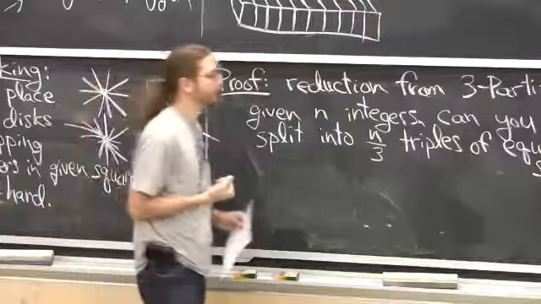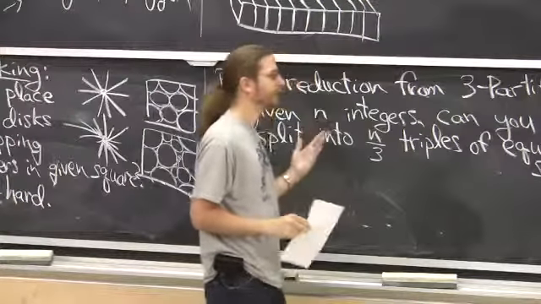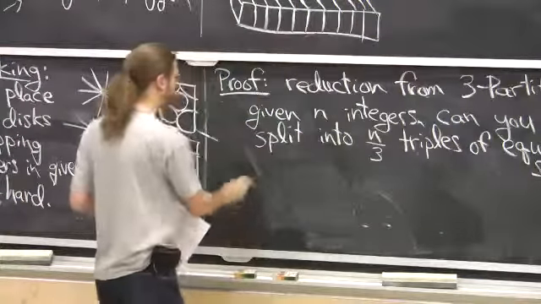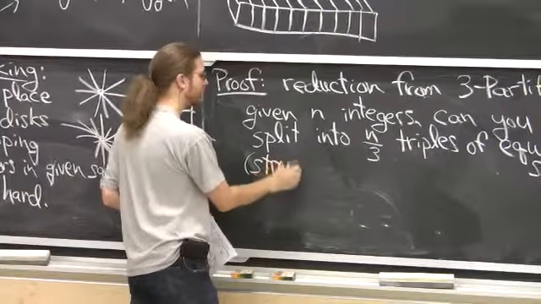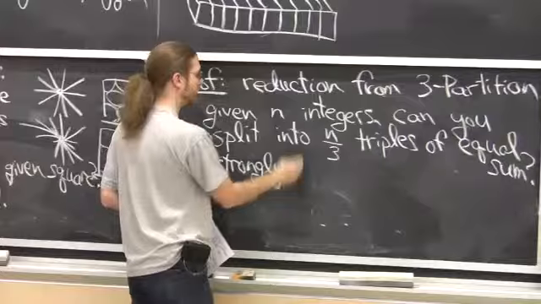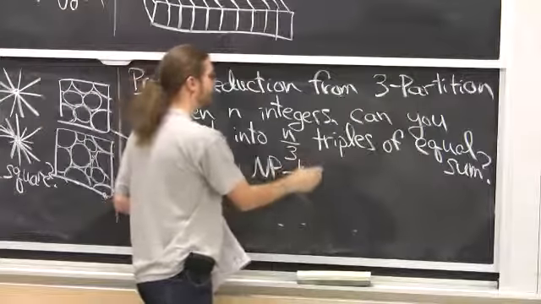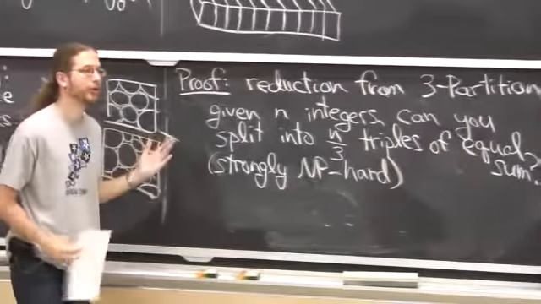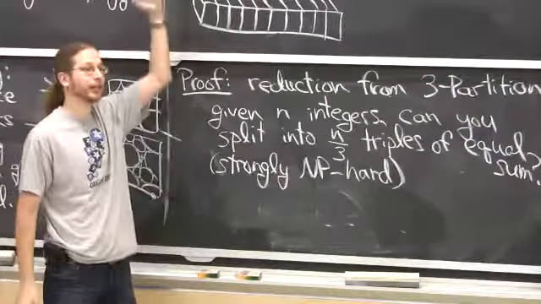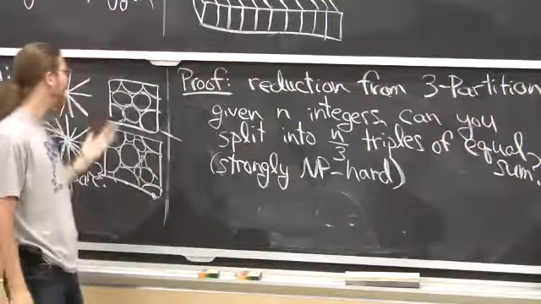This problem is cool for this technical reason that it is strongly NP-hard. So even when the numbers are really small, like about n, this problem is NP-hard. With partition, the numbers had to be exponential in n for the problem to be hard. And that's kind of artificial here.